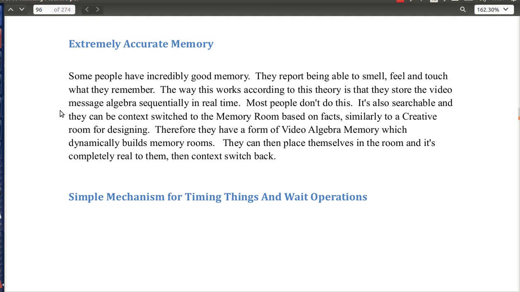There are some people who have an amazing ability to tell you, on a day such and such a thing happened. They might say such and such an event, and that's a Tuesday in July or something in such and such a year. So the idea there would be that the message stories stored in the brain have been stored with message keys or paired message keys that include timing information.